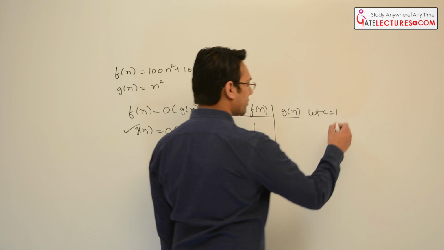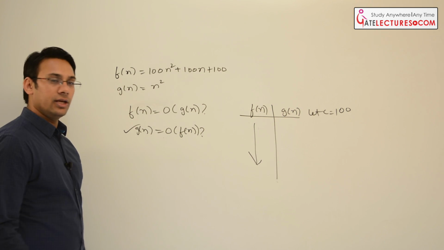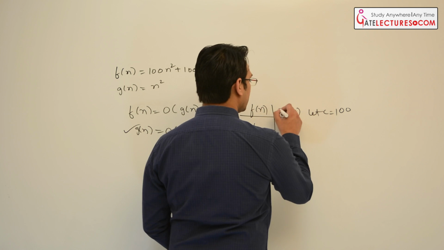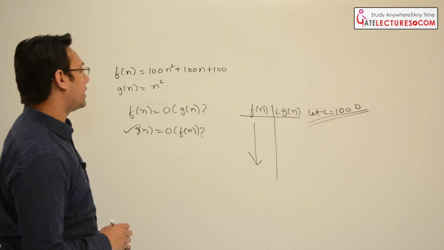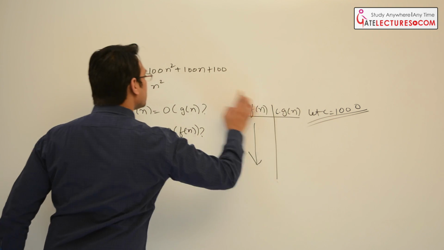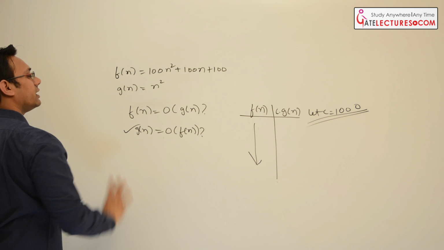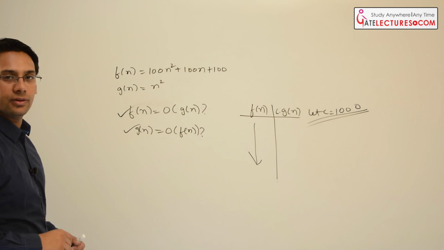Now if I say the value of the constant is 100, in that case also Fn is greater than Gn. If I say the value of the constant here is 1000, then you can say that Gn is greater than Fn, or even if the value of C is 101, then also Gn is greater than Fn. In that case you can say Fn is order of Gn, right?